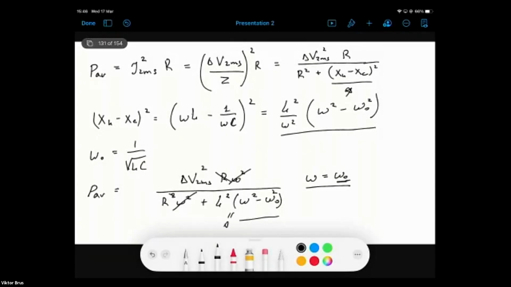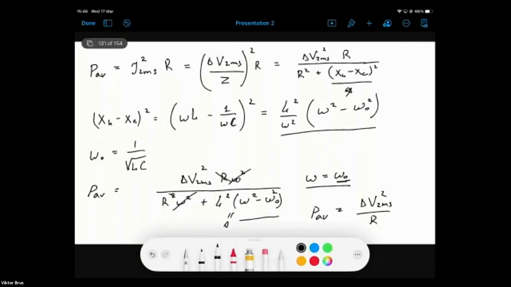So eventually, at the extreme condition of resonance when omega is equal to omega naught, average power is equal to delta V RMS squared divided by R.